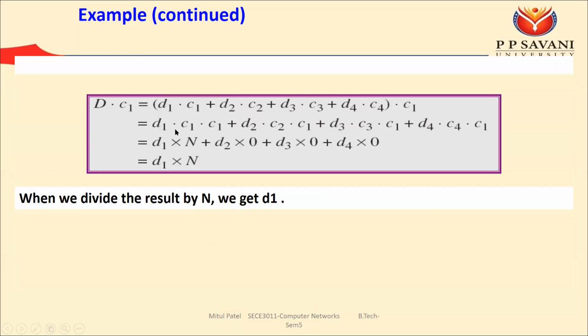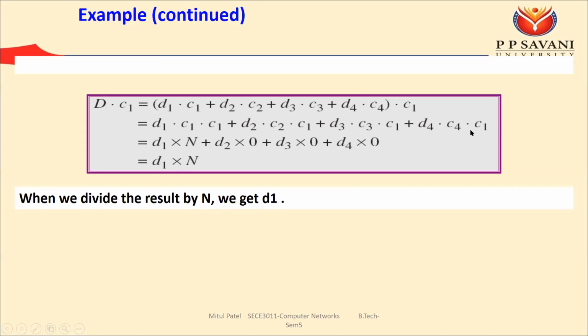Station 4 has to multiply the common data with the code sequence of station 1, which is C1. So we get D1 into C1 into C1 plus D2 into C2 into C1 plus D3 into C3 into C1 plus D4 into C4 into C1.